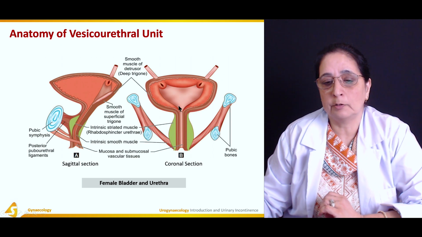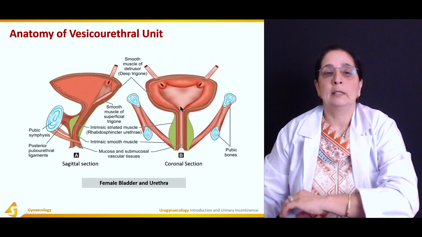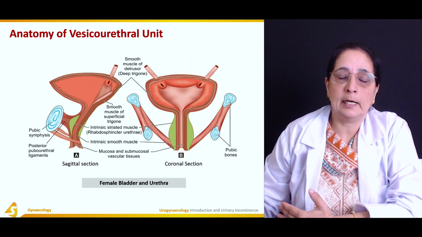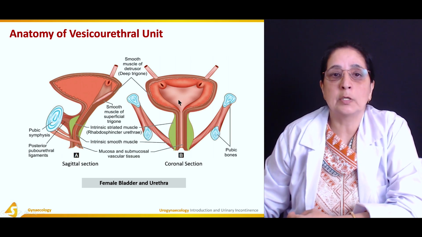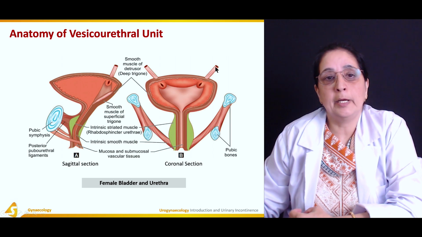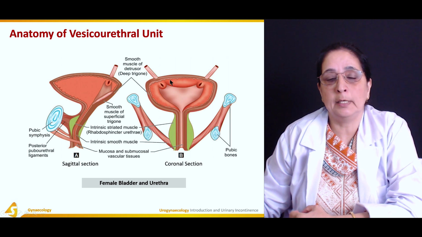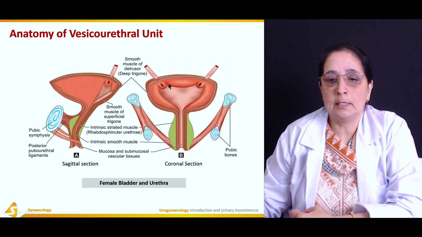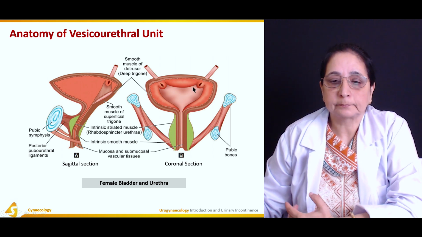This elongated structure is the urethra that carries the urine from the urinary bladder to the outside. These are the ureters. Ureters bring the urine from the kidneys and open one on each side of the bladder. And this is the urinary bladder.